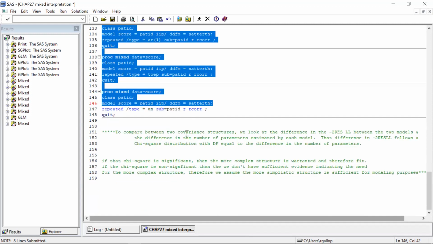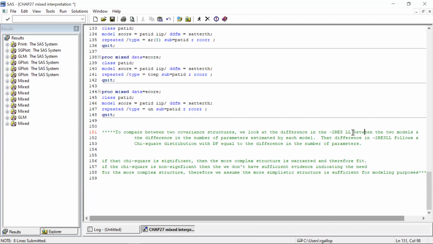To compare between 2 covariances, we look at the difference of the -2 restricted log likelihood, or the AIC, the AICC, the BIC, whatever's written in your data analysis management plan. We'll use the -2 restricted log likelihood as we did here.